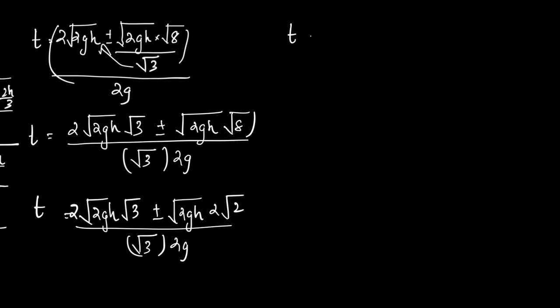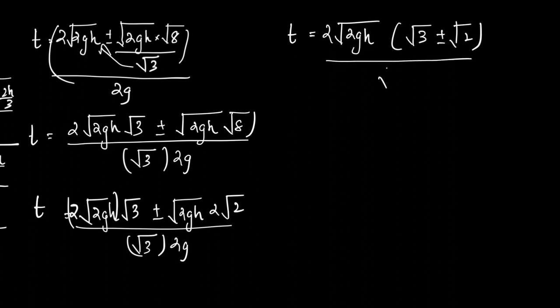So t can now be written as, if I take 2 root 2 common from the numerator, we have 2 into root of 2gh within brackets. All that is left is root 3 plus or minus root 2, the whole upon root 3 into 2g.